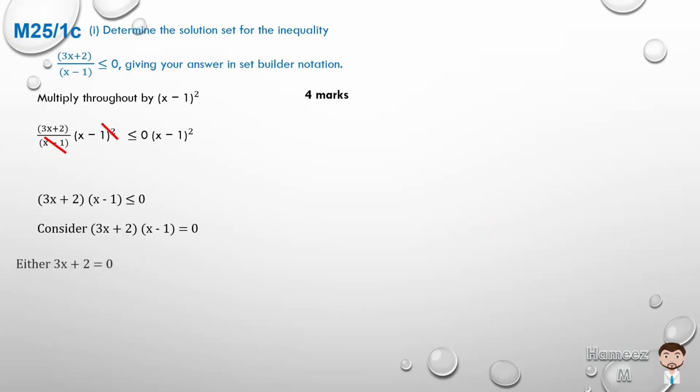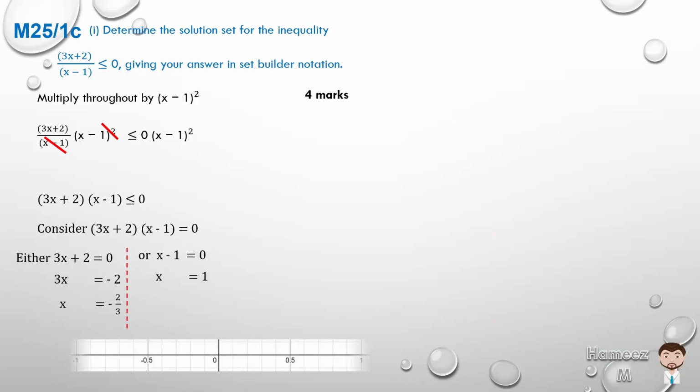So either 3x plus 2 is equal to 0, so 3x is equal to minus 2, and as such, x is equal to minus 2/3. Or, for the second factor, x minus 1 is equal to 0, which means x is equal to 1. So if we bring up a number line, we can visualize where this is.